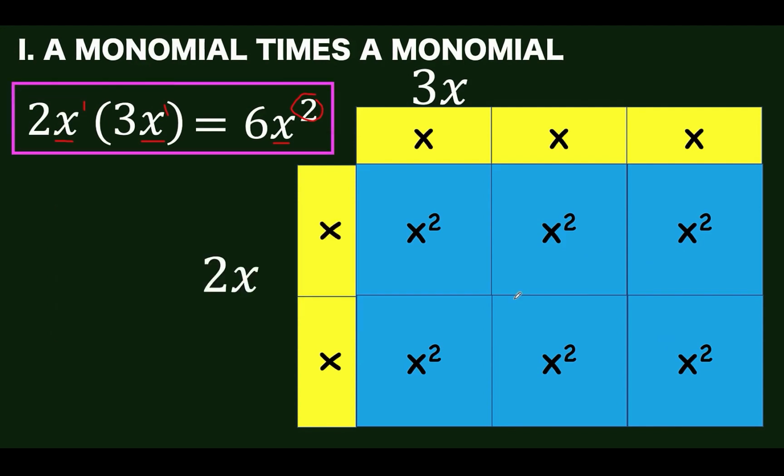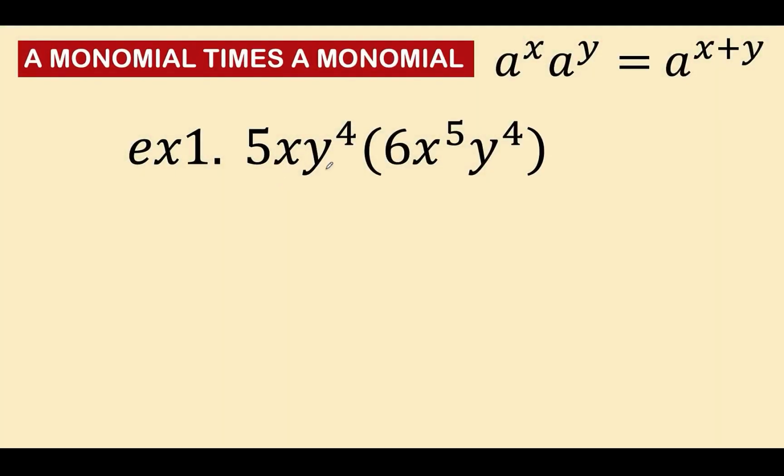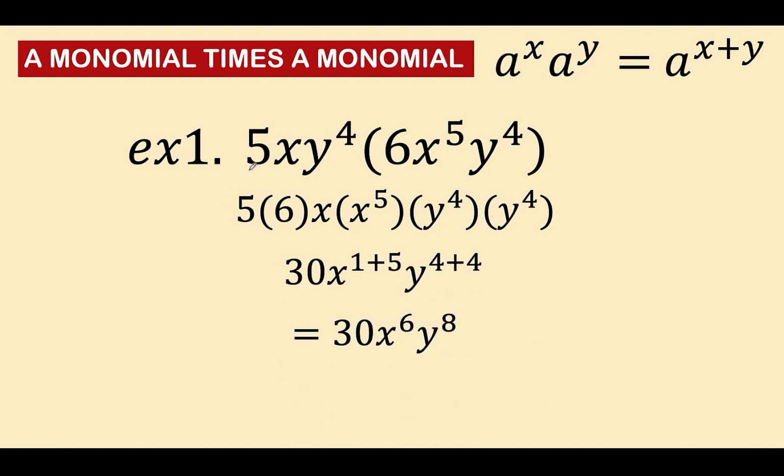Next problem. Let's say we have 5x y to the 4th times 6x to the 5th y to the 4th. Again, don't forget this law of exponent number 1. This is the product rule of exponents. So how do we multiply this? The idea is you multiply the numerical coefficients 5 and 6 to get this, and 5 times 6 is 30.